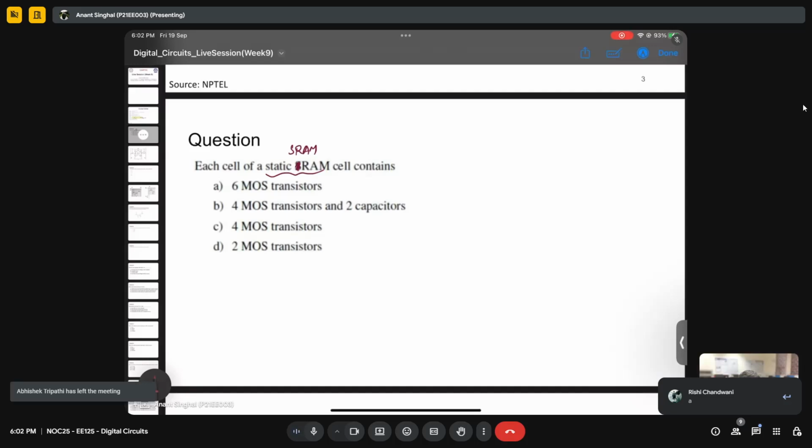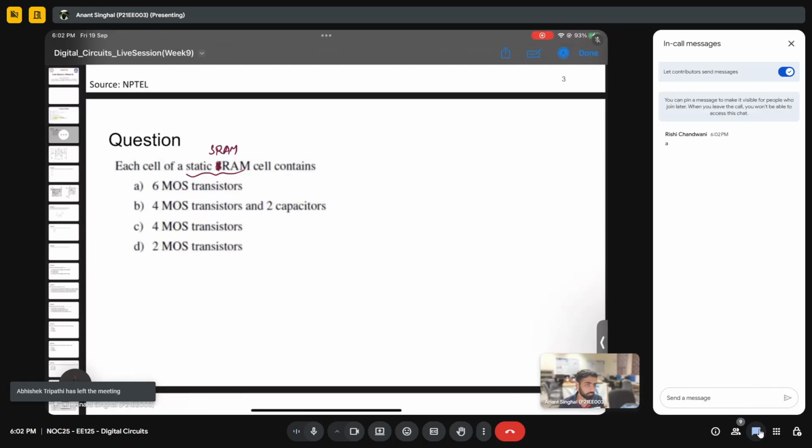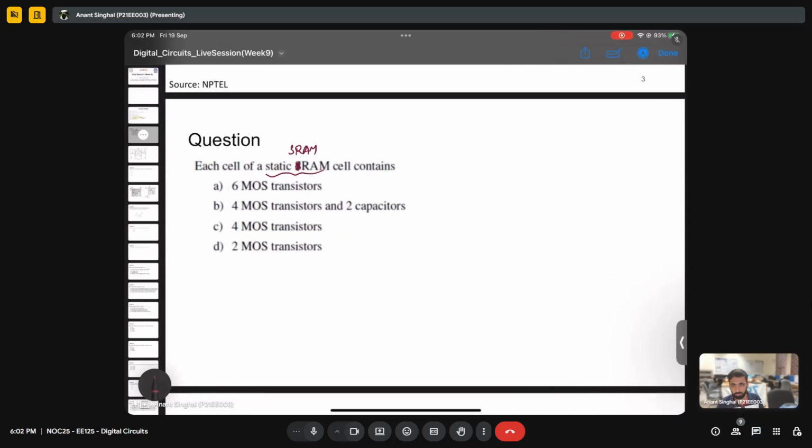Okay, I've got one answer, A. So the answer to this problem is yes, it is correct that the SRAM contains 6 MOS transistors. Let me give you a very basic overview. This SRAM is the fastest memory, and in your phones and laptops you might have seen a memory called cache memory.